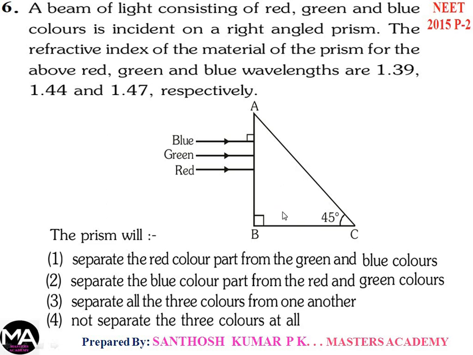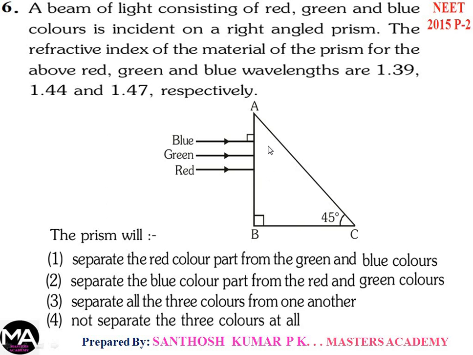So here you have to find the refractive index of the material, and you have to compare the refractive index of the prism with the refractive index of the colors. So if the refractive index obtained is greater than the refractive index of a color, then that color, having less refractive index, will not undergo total internal reflection.